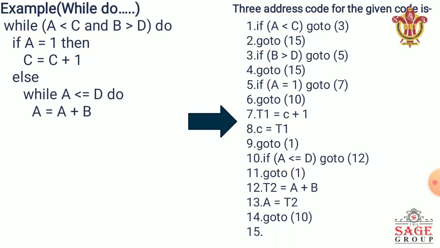Means if the condition is true, then we switch to go to statement 12. If this statement is false, then we jump to statement number 1. Now the remaining portion is we want to execute a equal to a plus b, so a plus b is stored in t2, a equal to t2.